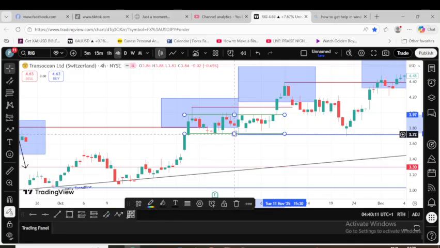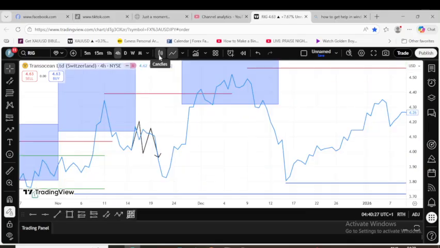We have a small M. We have an M pattern here. Then let's look at the M pattern here, even on the line chart, although it's not very smooth. Price moves like this and comes back down. So we have an M pattern here.